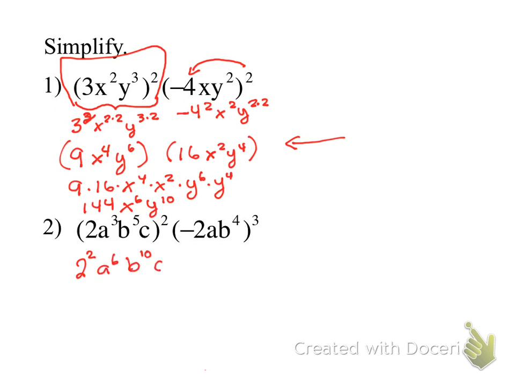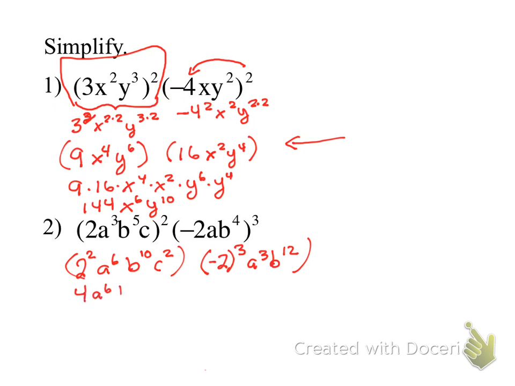And C squared. Good. And then the next one? I got negative 2 to the 3rd, A to the 3rd. Good. And B to the 12th. Good. And now, let's simplify. 2 squared is what?